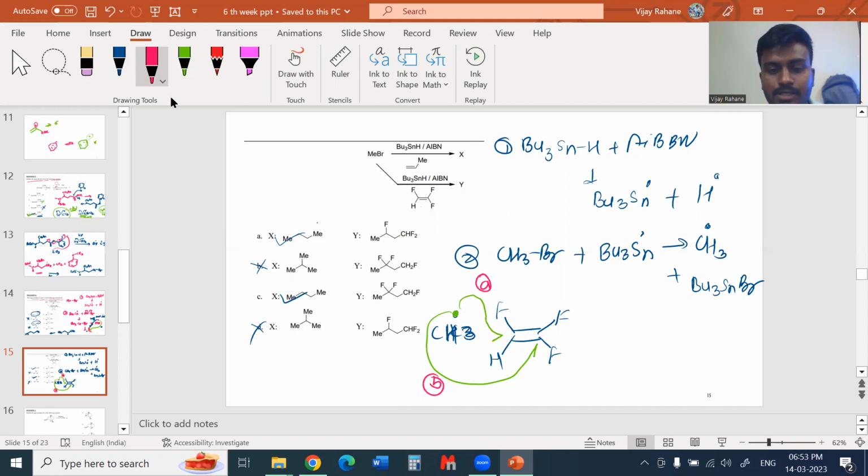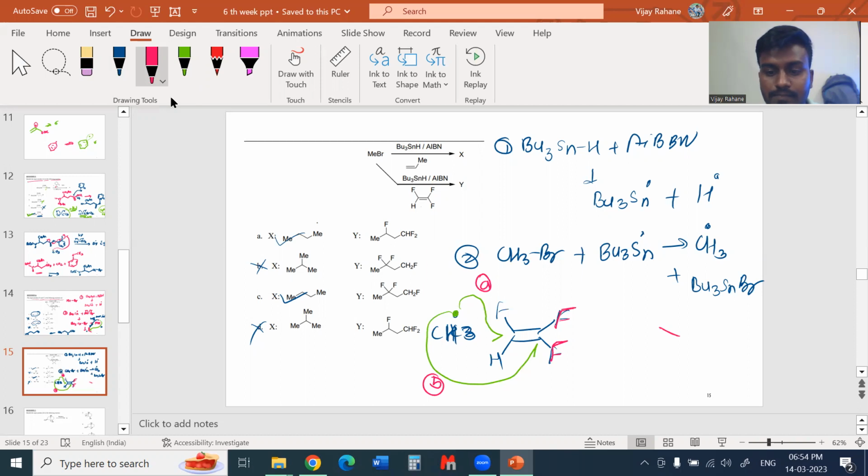If the reaction mechanism follows A path, then the radical will be at this position, adjacent to this CF radical, which is less stable because two fluorine atoms are attached here. So these two fluorine atoms make this radical unstable.